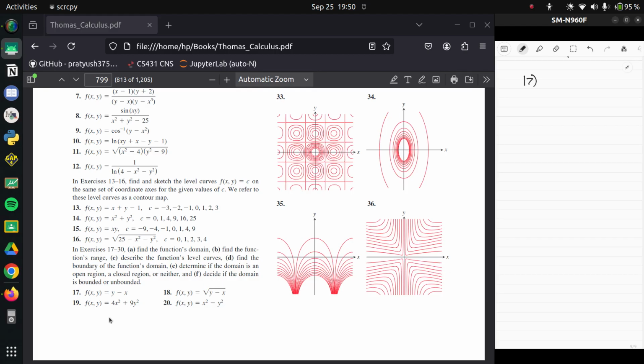What about the range? The range can be 0 and it can be anything positive, so R greater than or equal to 0, that's probably the better way. So that is a closed set. At the same time, it's unbounded. That is very weird, but whatever.